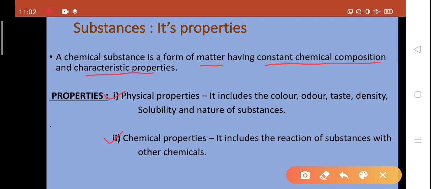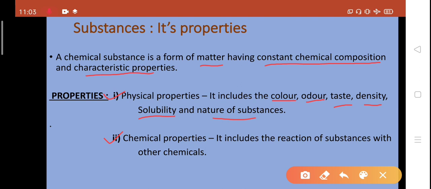In physical properties, it includes the color. What is the color of the substance? Its odor, how it smells, its taste, how it tastes, its density, that is, per unit volume, what mass is contained in matter, and solubility, what amount is soluble, and last, the nature of the substances.